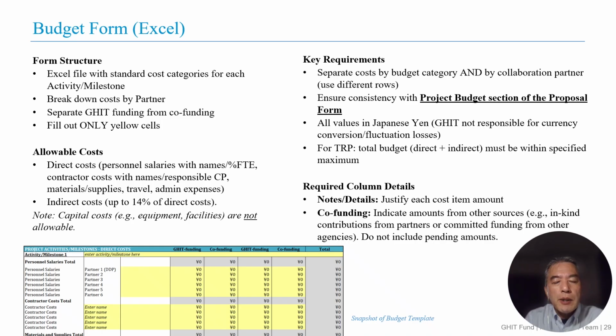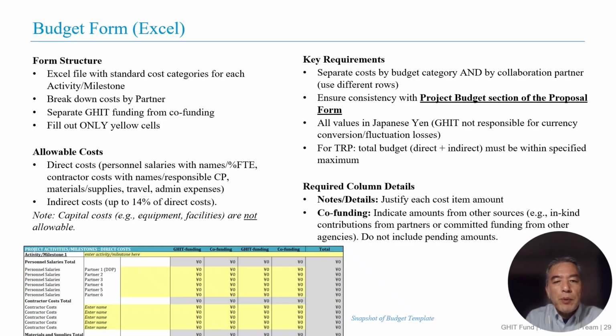Once your project is awarded and activated, you will be required to report budget status every 6 months. You will also be asked to submit a detailed expenditure list and the associated supporting evidence for expenditures.